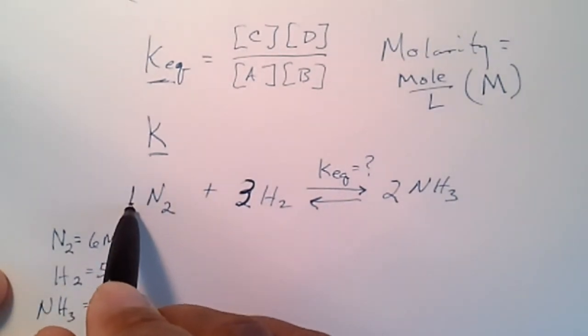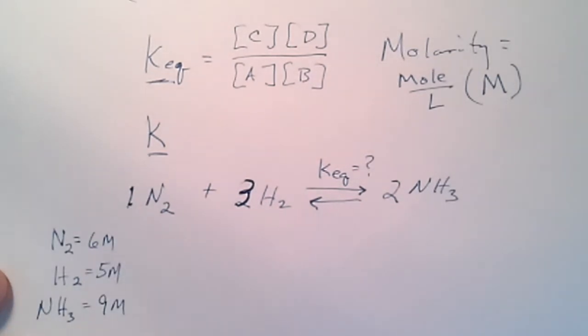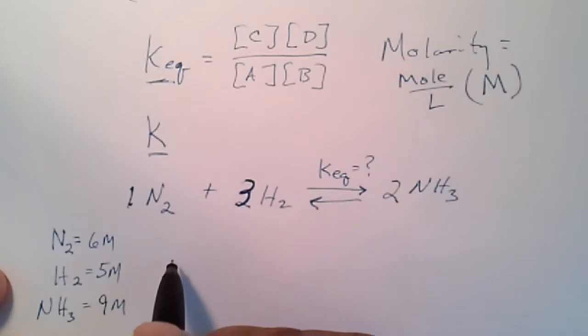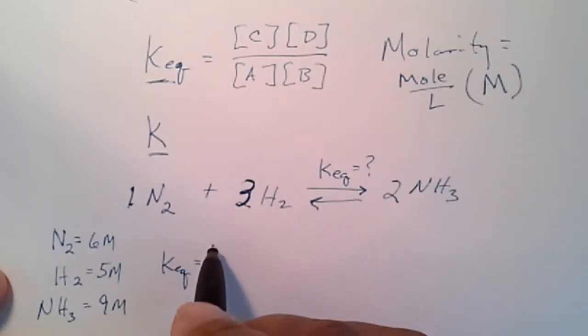And you already know that 1 is assumed to be in front of the nitrogen. So with a balanced equation, my expression for the equilibrium looks like this.